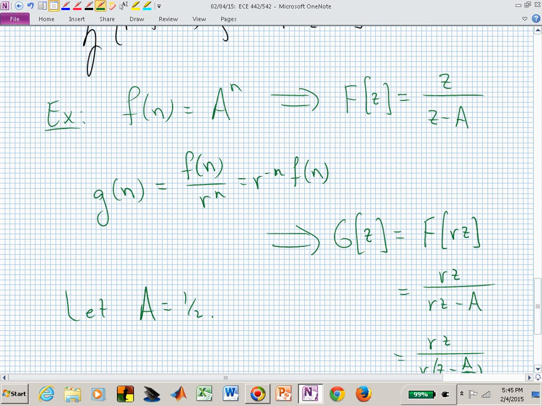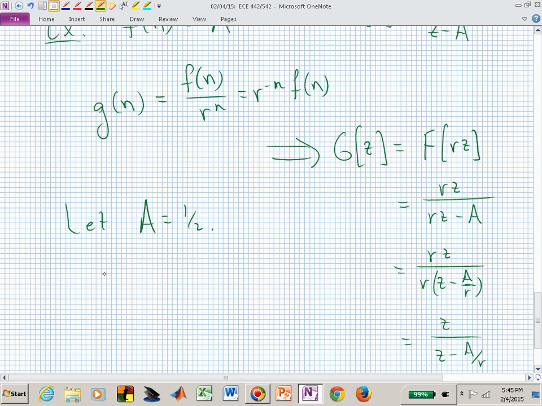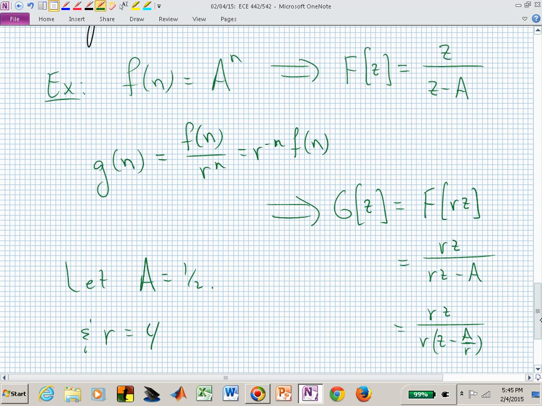Now let's say that r is 4. Now, if you look at little g of n, you can see that at each time step, you're dividing by 4 raised to a higher and higher power. So you would expect it to be collapsing much quicker.